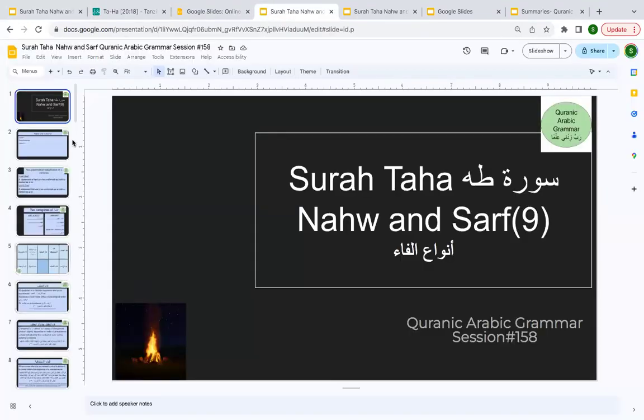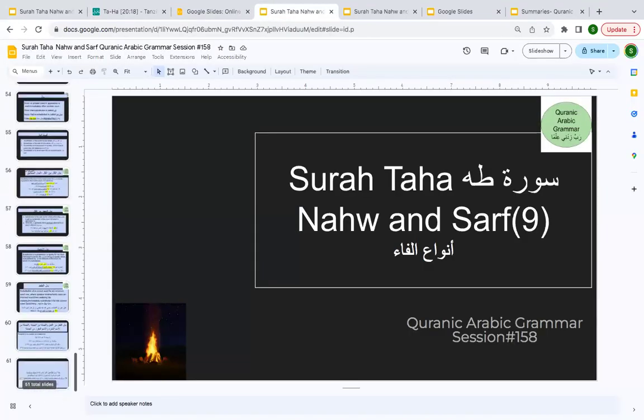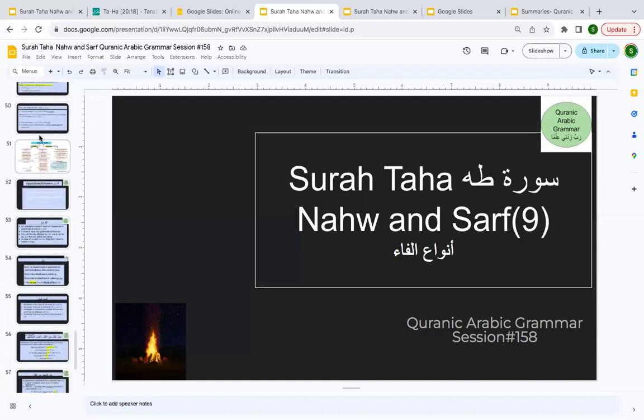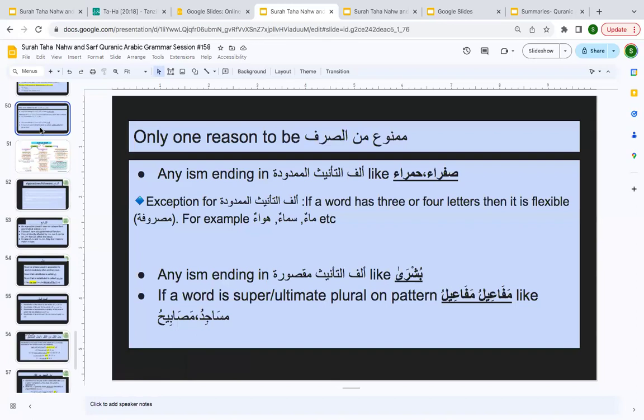Mafa'ilu is a pattern for this word, and you have learned it as a plural pattern, which is going to be partly flexible, if that makes things easy for you, or mamnu min as-sarf.